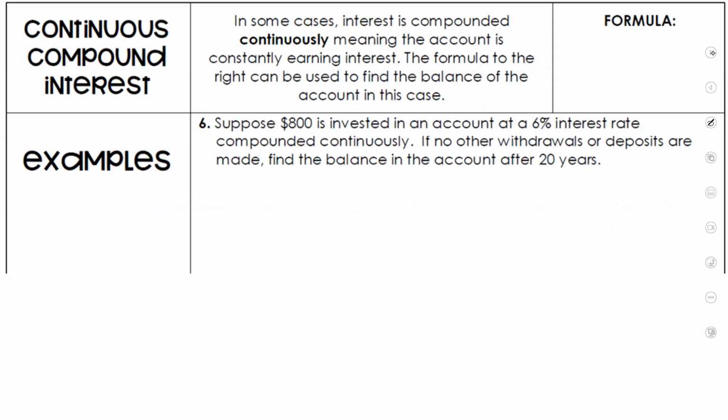All right, next, we're going to talk about continuous compound interest. The formula is P E raised to the RT. PERT is what we like to call it. P stands for principal. So in this example, it says suppose you invest $800. Well, that's your initial, that's your principal amount. Then you have E and your rate.